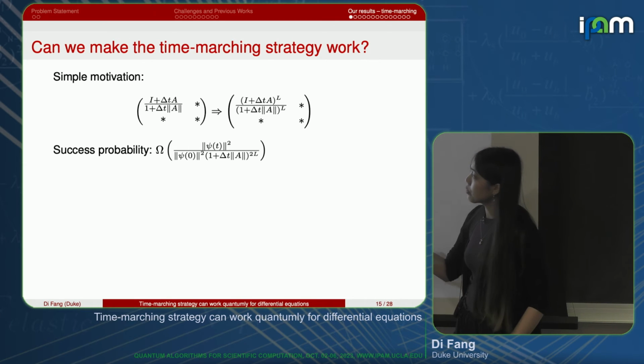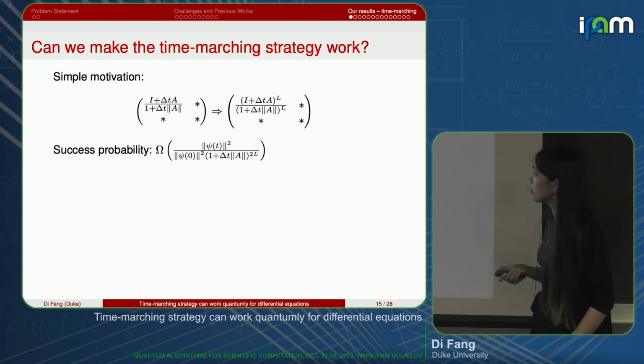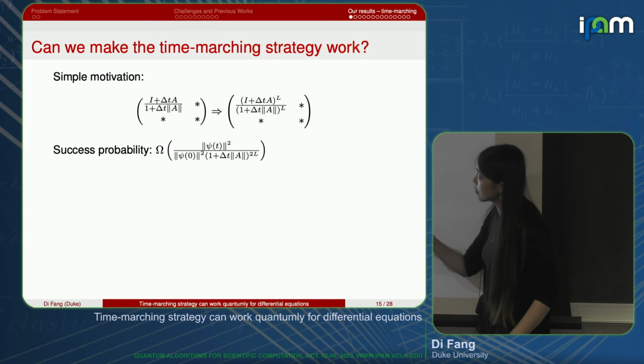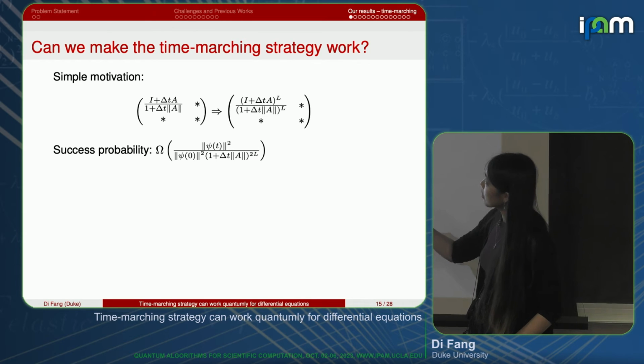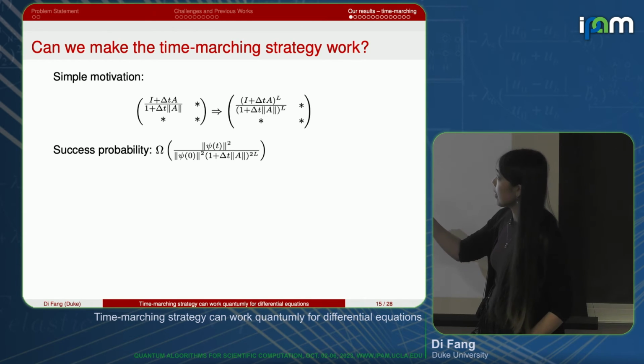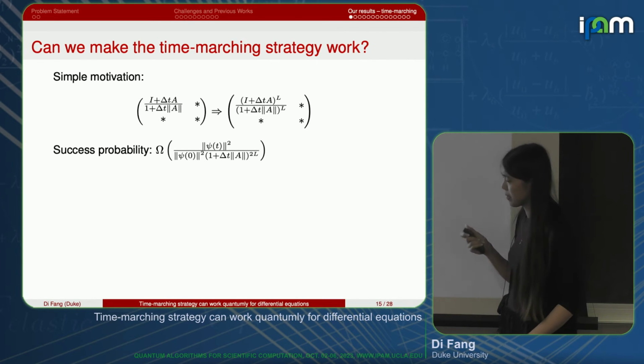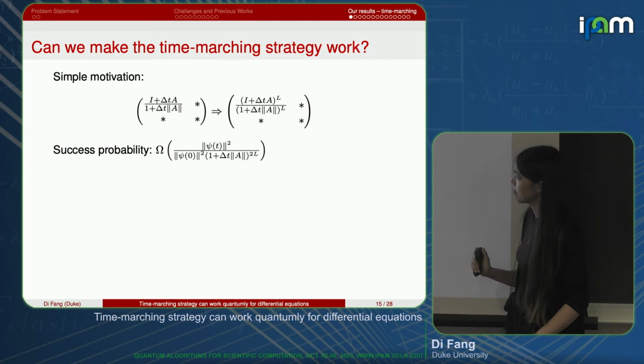Well, let's go back to the original picture that I used to motivate our discussions, where if I have forward Euler, this is guaranteed to be a number that's larger than 1, so the success probability is exponentially small in terms of the number of time steps. This is something we want to avoid.